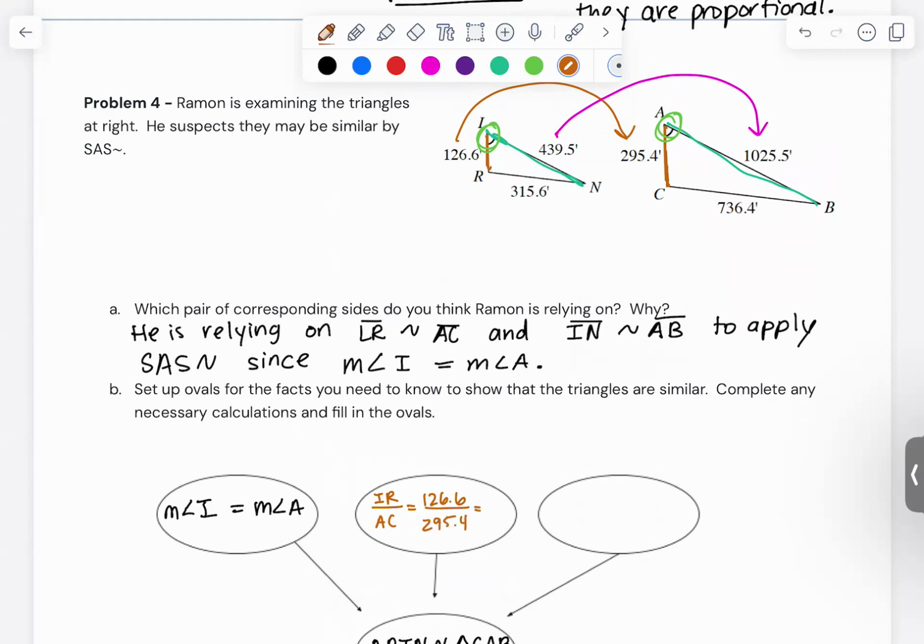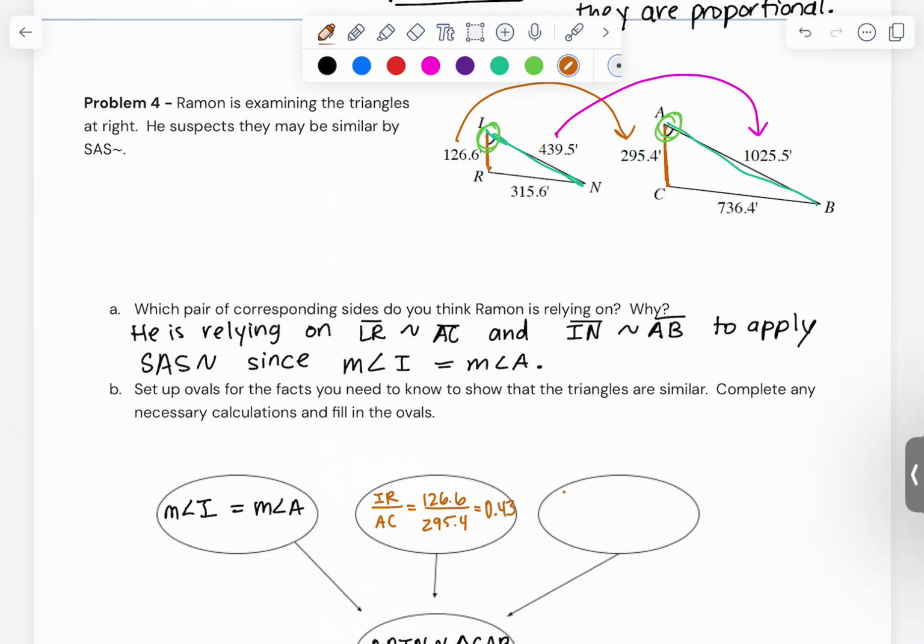And if I do that math, let me just pull up my calculator. I want to say it's like 0.48 or something like that. Hold on. 126.6 divided by 295.4. Okay. 0.43. I mean, it's just an estimate.